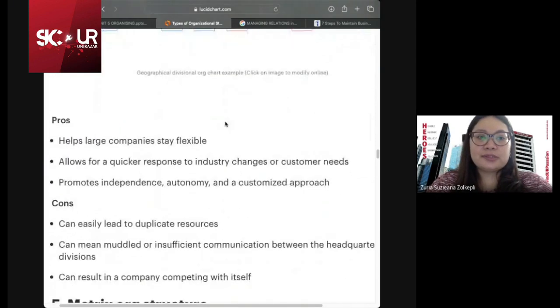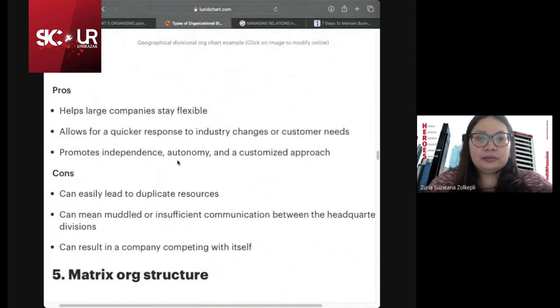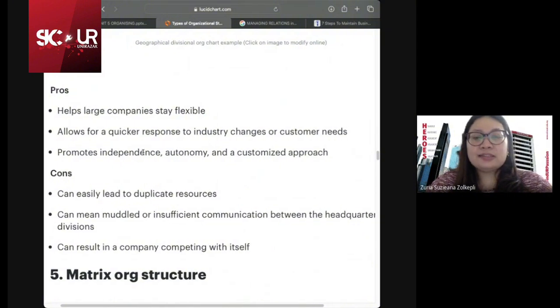Right, the pros here. And this is decentralized, okay, decentralized because it promotes independent customized approach like I've mentioned just now. However, the cons here is it can result in the company competing with itself, all right, and then insufficient communication between the headquarters and the geographic division.